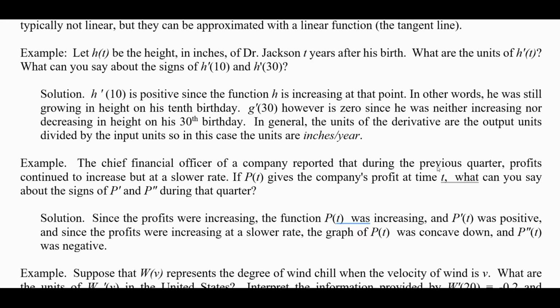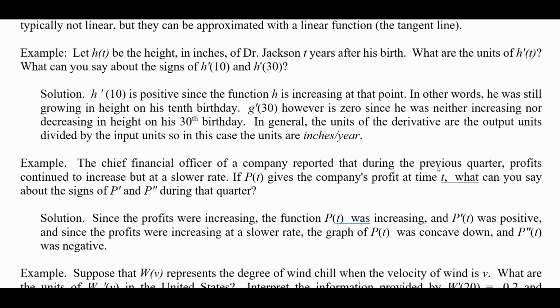The chief financial officer of a company reported that during the previous quarter, profits continued to increase, but at a slower rate. If P of t gives the company's profit at time t, what can you say about the signs of P prime and P double prime? Of course, we hope P of t itself is positive, because we hope they're actually making a gain rather than a loss.